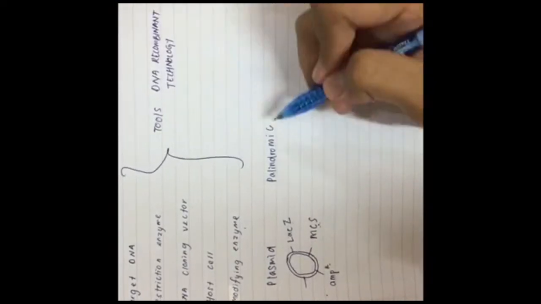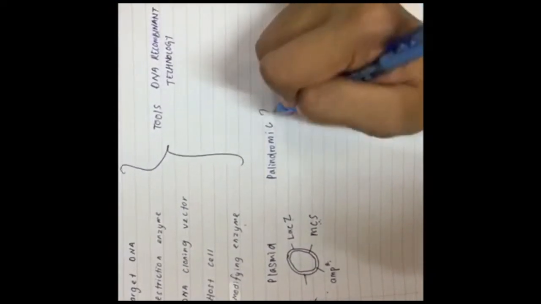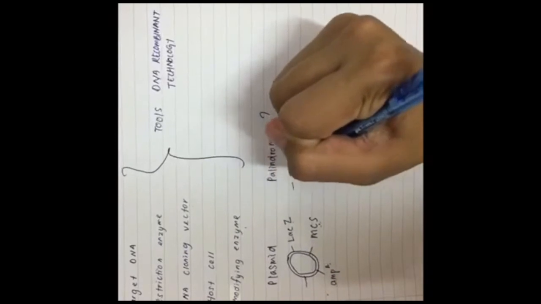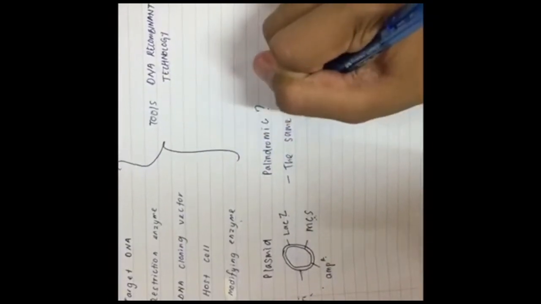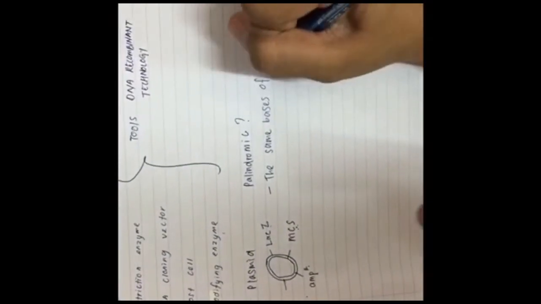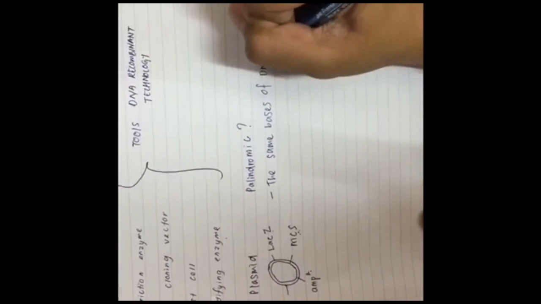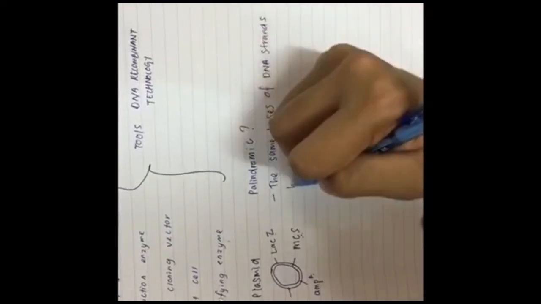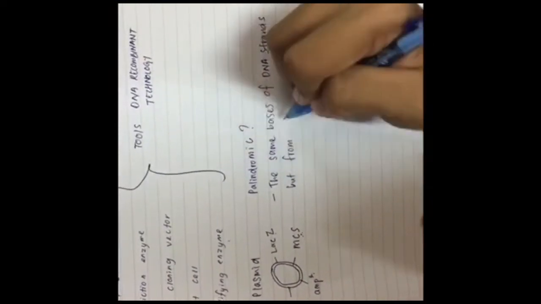And then the plasmid also has a base sequence, which is called palindromic bases. What is palindromic? Palindromic is the same bases of DNA strands but from the opposite direction.